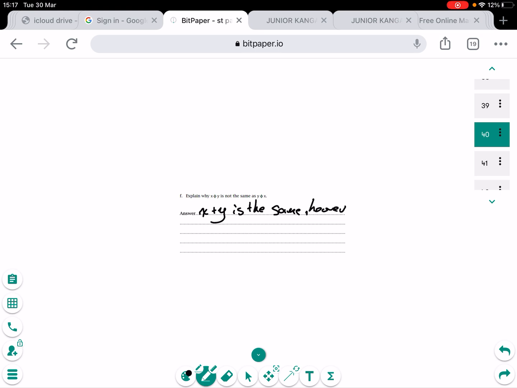However, you need to multiply it by x or y, and x and y are different.